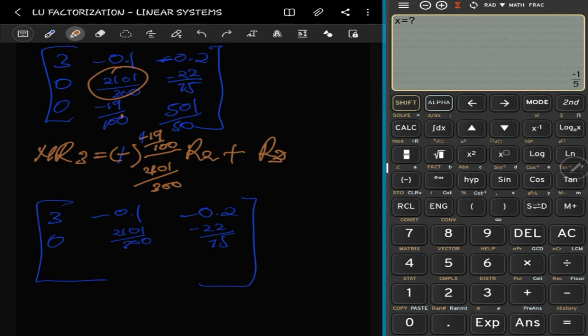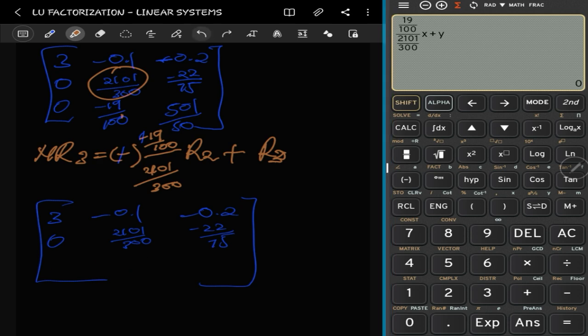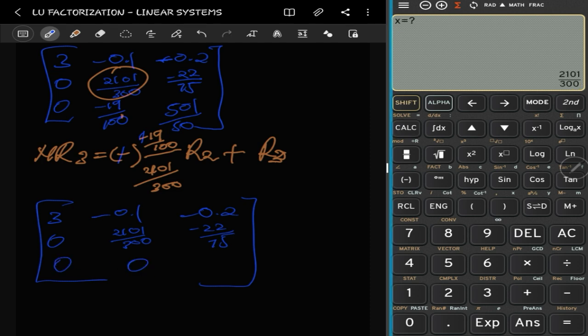Okay. So our x is now that 2, 1, 2, 1, 0, 1 on 300, and then our y minus 19 on 100. And we are getting 0, meaning the equation is right. The equation that we generated to get the transformation is right. The next one, just punch on calc.